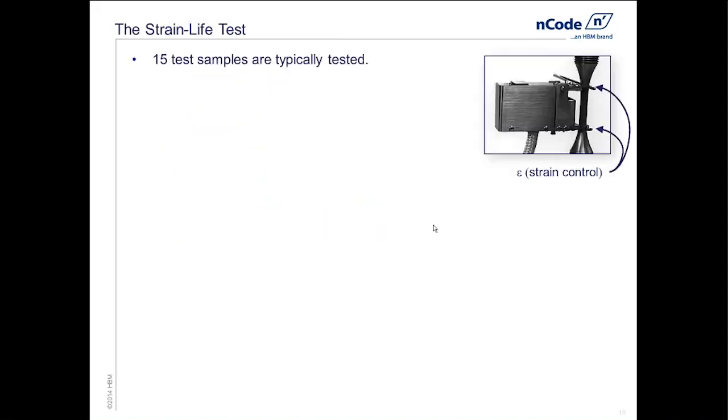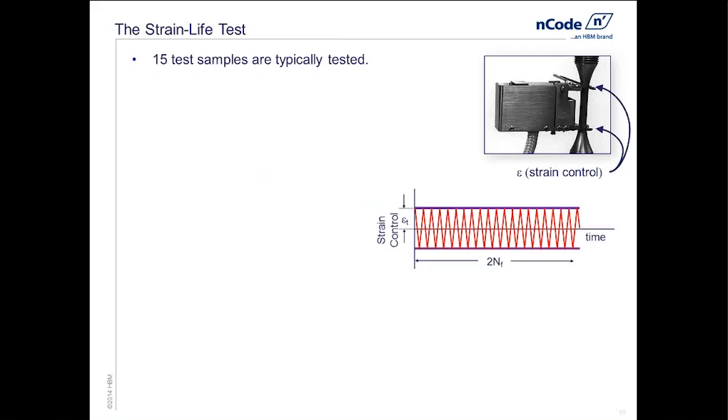So looking at the data coming out of the rig, again, we've had 15 samples. Each sample is run under strain control. And again, you're looking at a close-up in this picture of that extensometer measuring the gauge length, measuring the strains. And that feeds back into the test rig, and the test rig is always maintaining that strain.